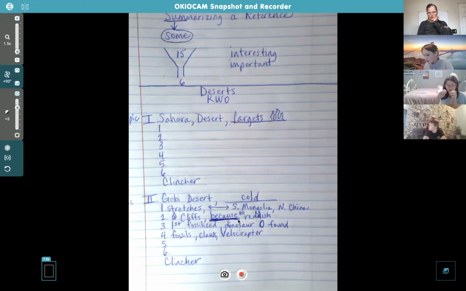Flaming cliffs. They are called flaming cliffs because they appear reddish. Yeah, there you go. That's a good one. So basically, you're using the word because in a sentence and you're telling why.